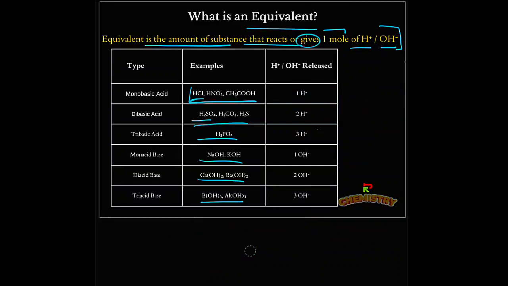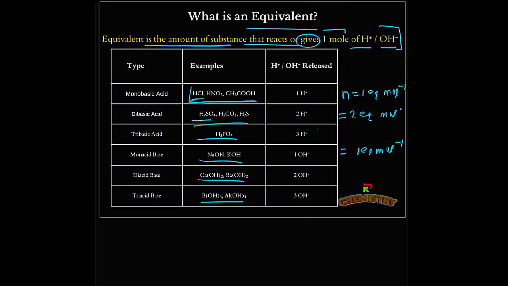Similarly, we are writing the N factor for each. For HCl, the N factor is 1 equivalent per mole, for H2SO4, 2 equivalent per mole. For sodium hydroxide, it is also 1 equivalent per mole, since 1 hydroxide is released by 1 mole of sodium hydroxide.